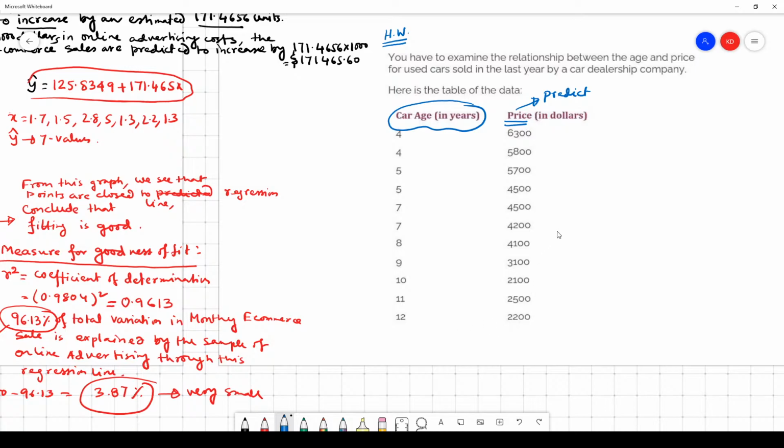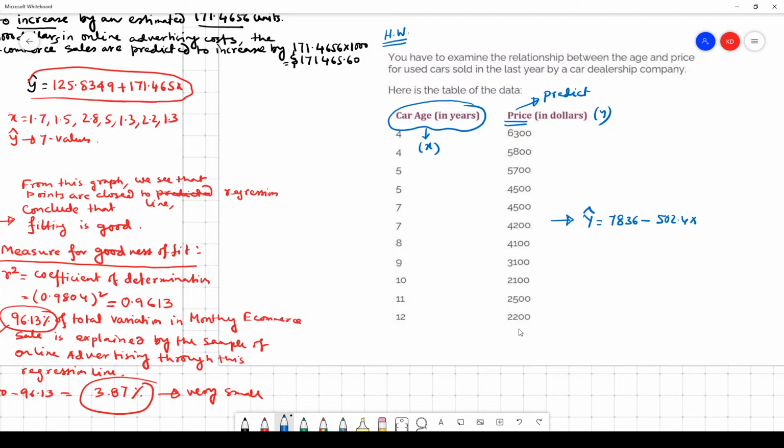After computations, I got this regression line, that is y equal to 7836 minus 502.4x. I denote the independent variable by x, the dependent variable by y.